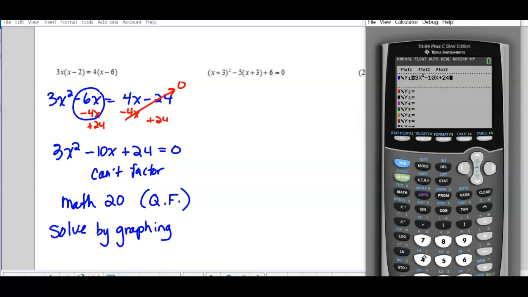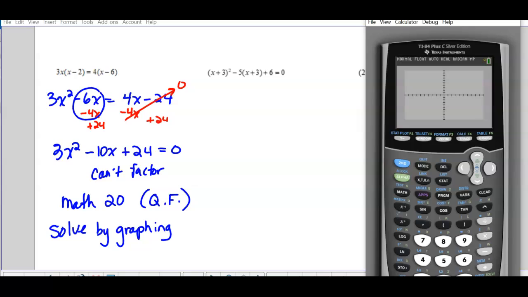In terms of a window, maybe the last time you graphed something was before we reset your calculator earlier this week, so just check your window. Mine's not negative 10, so I'm going to go zoom and down to standard screen. That goes from negative 10 to positive 10 both ways. If I enter on that, it's going to graph right away.